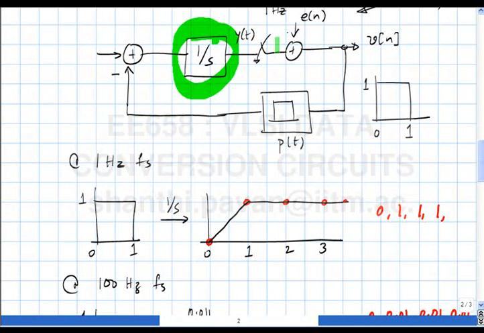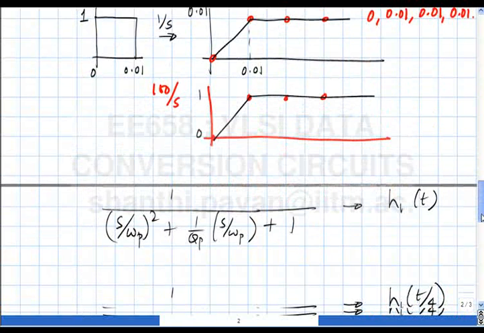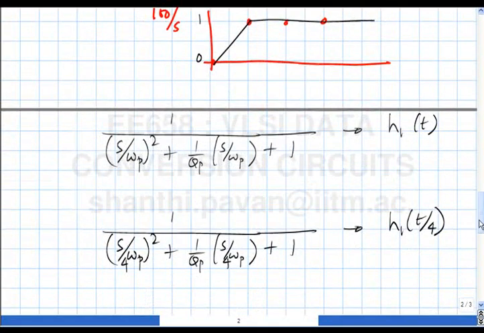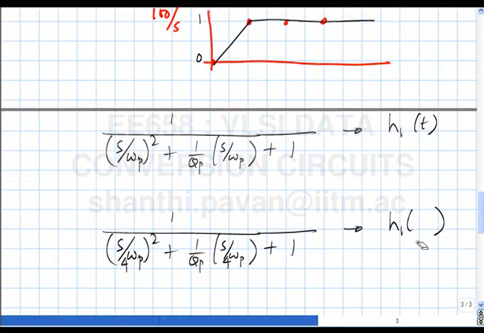Okay? Yes. What is h of t by 4? Should it be h of 4t? Oh, I'm sorry. This must be h of 4t. Yes, it's compressed in time. Correct.